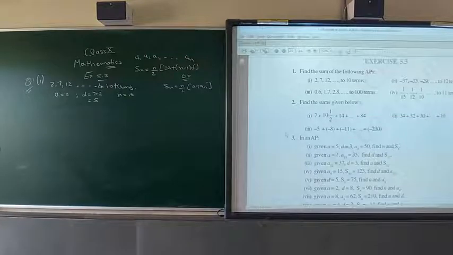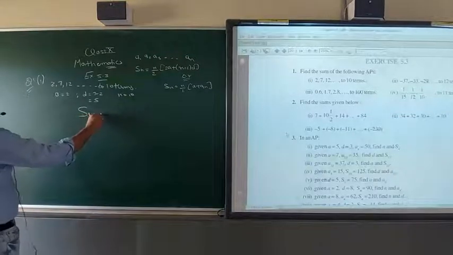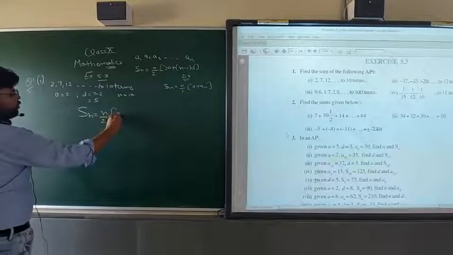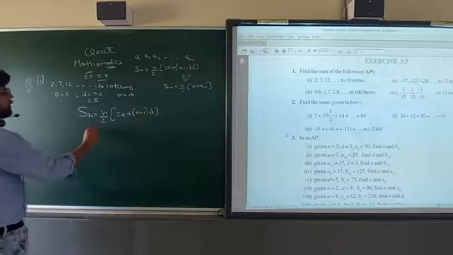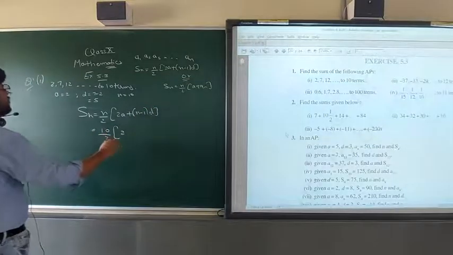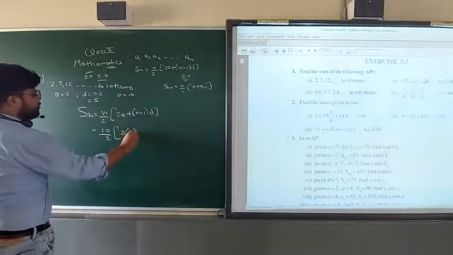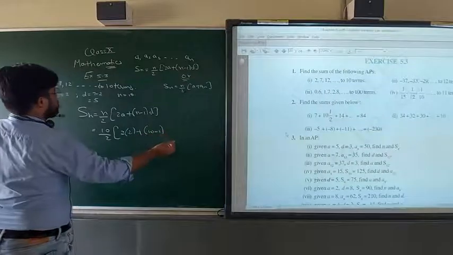So now apply the formula. Sn equals n upon 2 times (2a plus (n minus 1) d). n is 10, so 10 upon 2, 2a is 2 plus, n minus 1 will be 9, d will be 5.